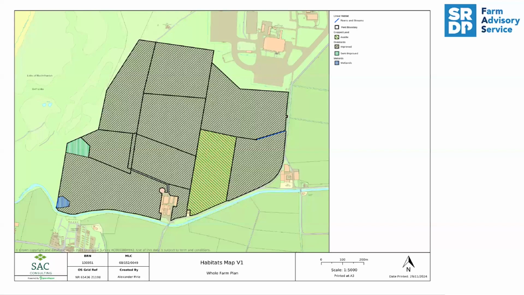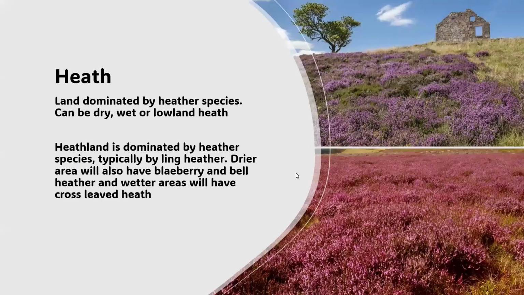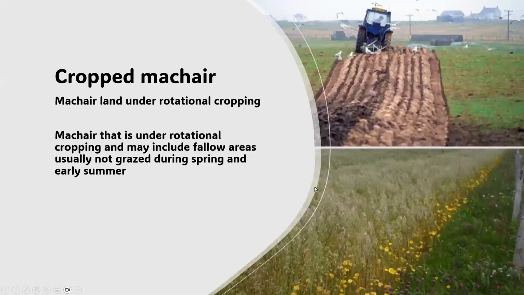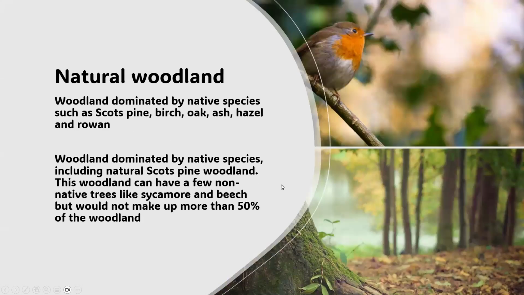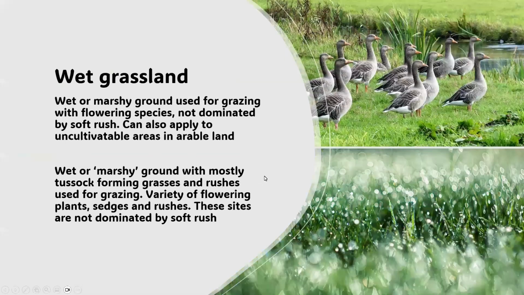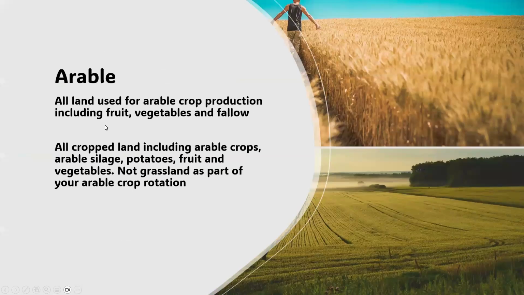Yeah. So if we think back to one of the first slides that we had, the arable section, including fruits, vegetables, and fallow. So if in doubt, that would be where I would be looking.